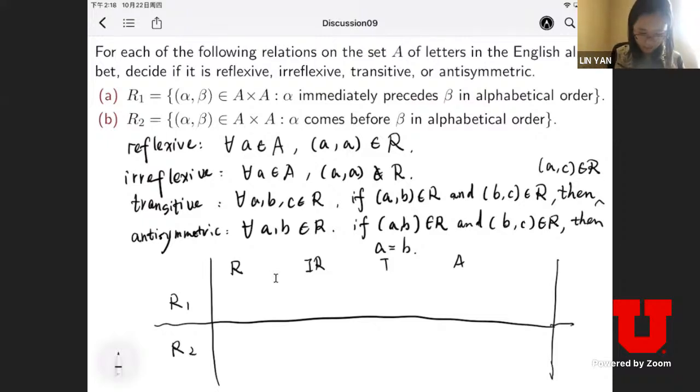Okay, let's get started with relation 1. You can type your answers for R1 in the chat and tell me yes or no, are they reflexive.